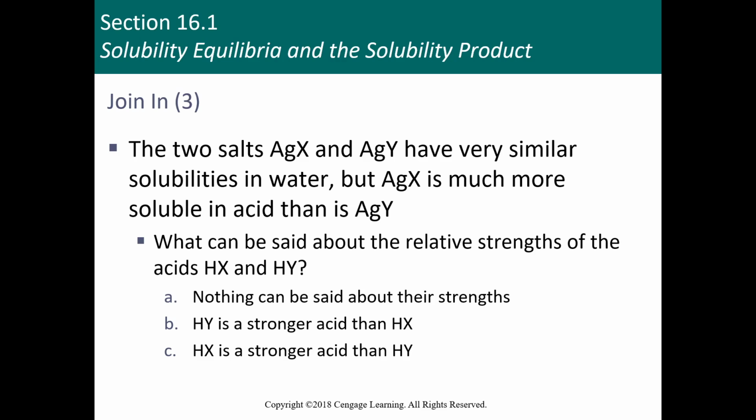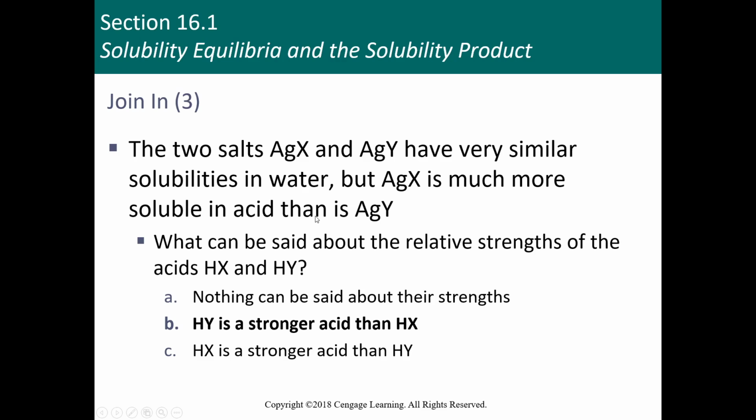Okay, so if one is more soluble than the other, the one that had the solubility change, so what we can see here is that the one whose solubility changes more, the X, is more soluble in acid. That has to be a weaker acid than the HY would be.